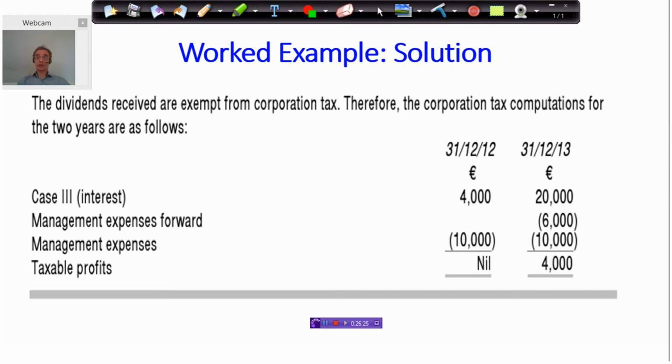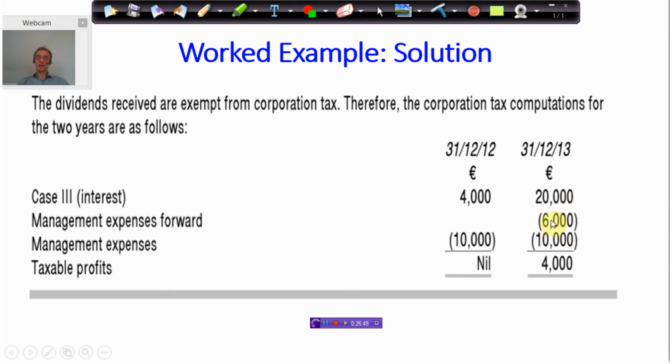We can exclude them from the equation completely. Then all we do is ask, what are the management expenses and what's the income? In the first year, we have an excess of management expenses over investment income of case 3. So we've got a difference to carry forward into the following year of 6,000.